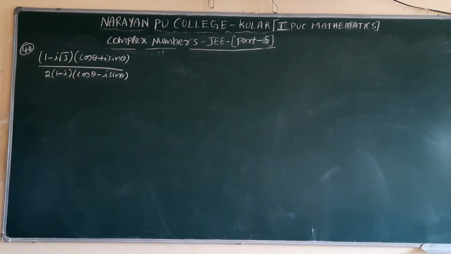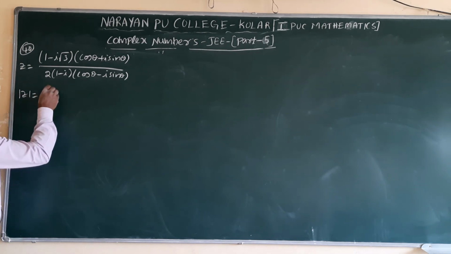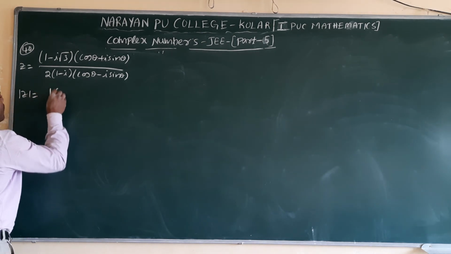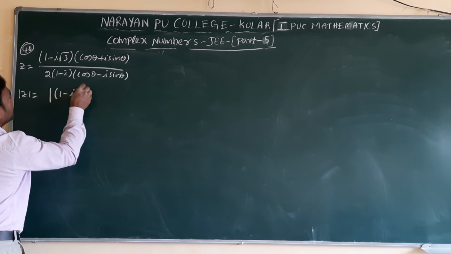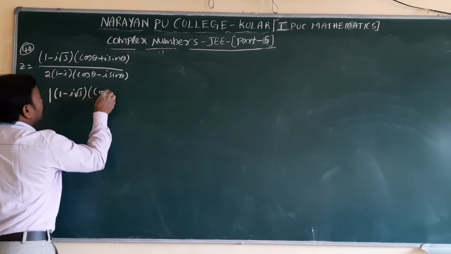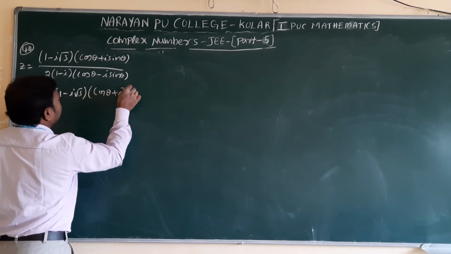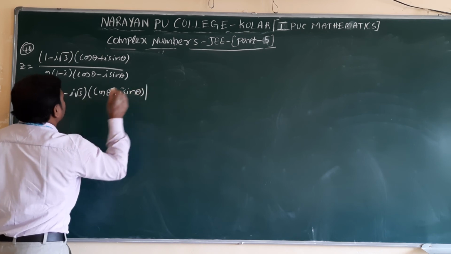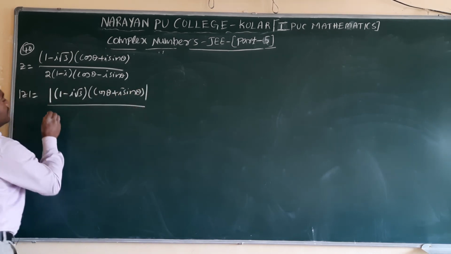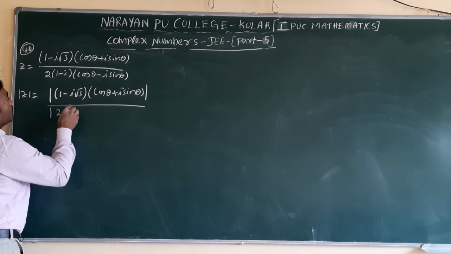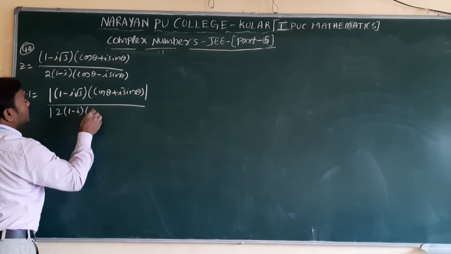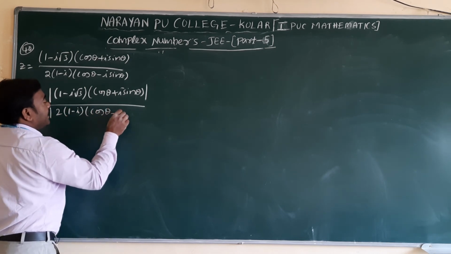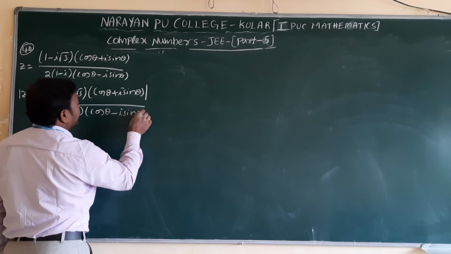Okay, modulus of, we have taken this z as a complex number like this, the modulus of this, so modulus of z is equal to modulus of 1 minus i root 3 into cos theta plus i sin theta divided by modulus of 2 into 1 minus i into cos theta minus i sin theta.